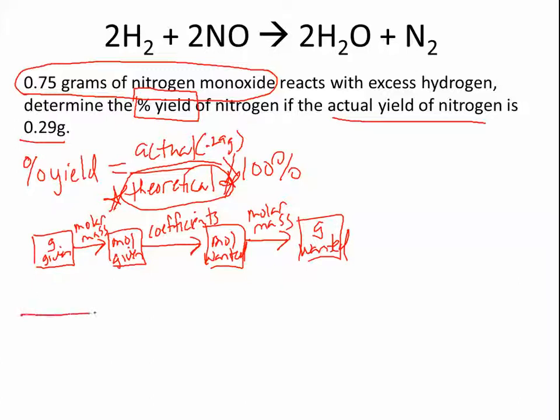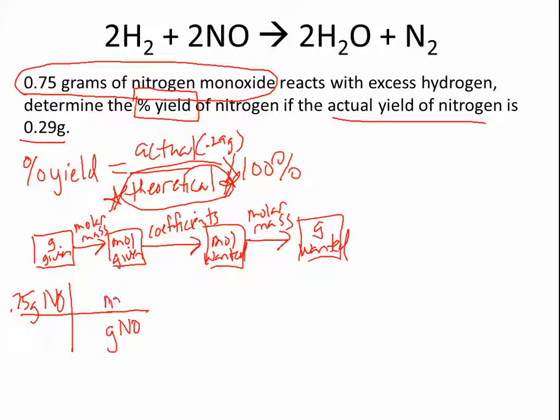So let's do our first fence post. We're starting with 0.75 grams of nitrogen monoxide. NO, okay? So if we start with grams of nitrogen monoxide, we have grams of nitrogen monoxide down on the bottom. Nitrogen monoxide is commonly called nitrous oxide.